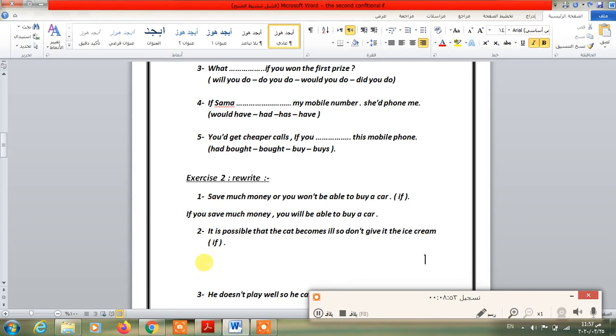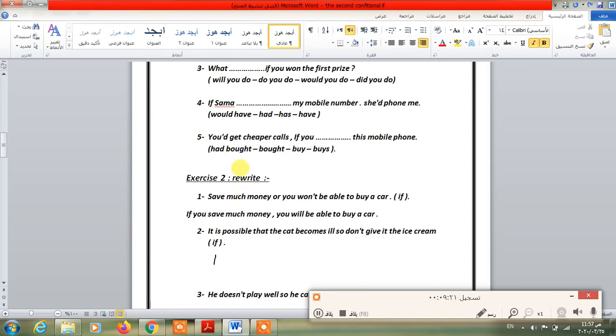Okay, number 2. It is possible that the cat becomes ill, so don't give it the ice cream. So I have an action that depends on the first action.